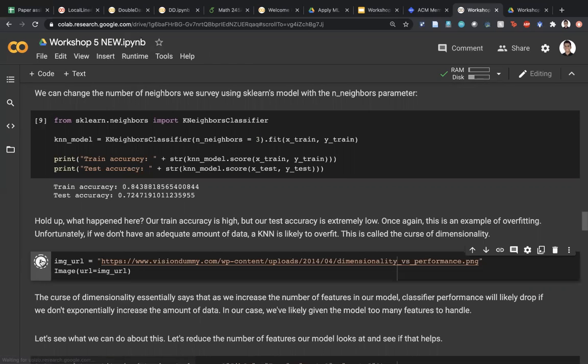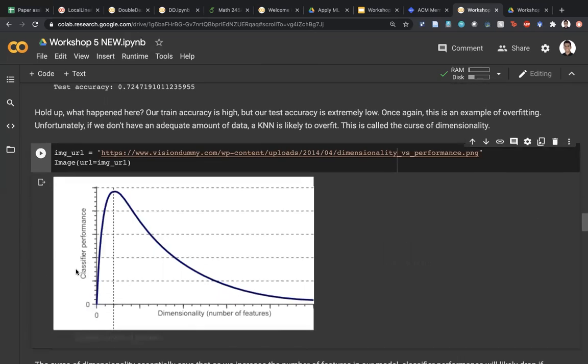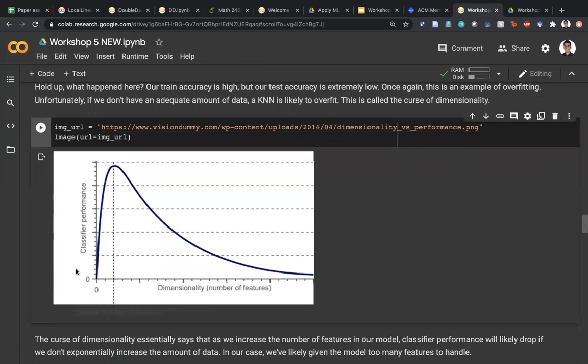So Varun, if you could just run that really quick, it should show a small graph. As you can see, what this graph essentially shows is that there's a happy medium between the number of features you have and the performance of your model for a specific size of data set.